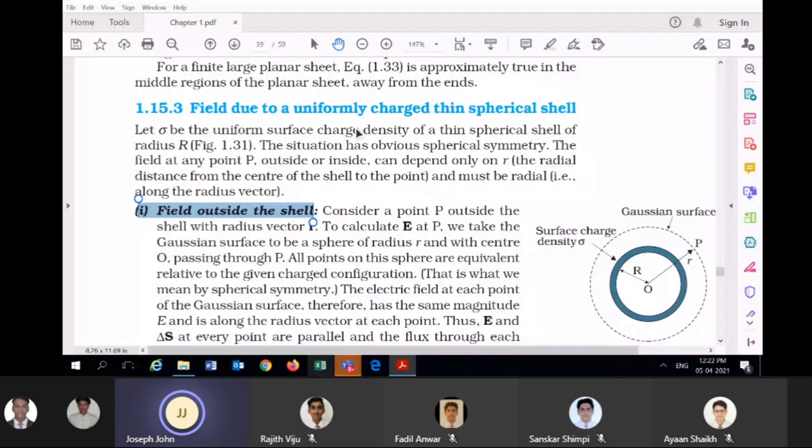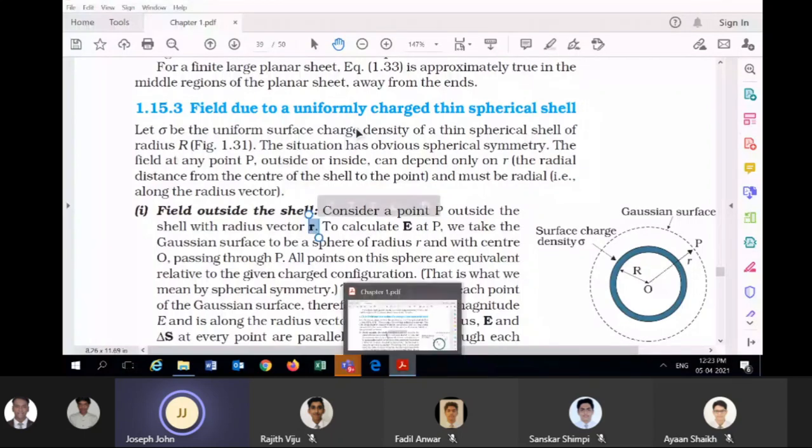And P is a point at a distance r. Don't make mistakes. You have to write small r only. Don't put capital R, then it will go wrong. Can you see the letter? R, small r.